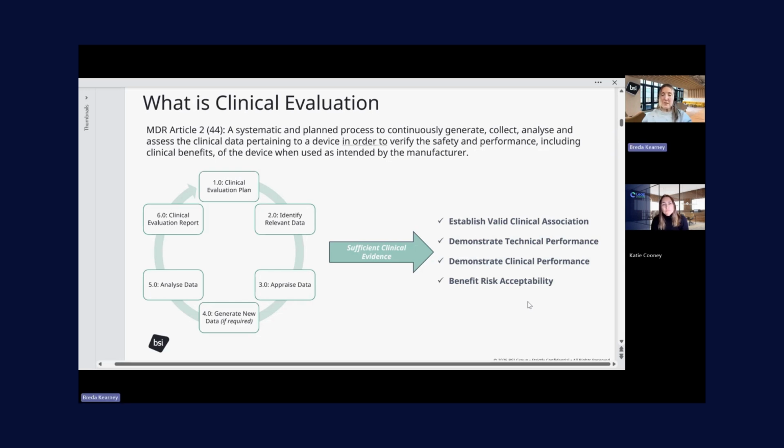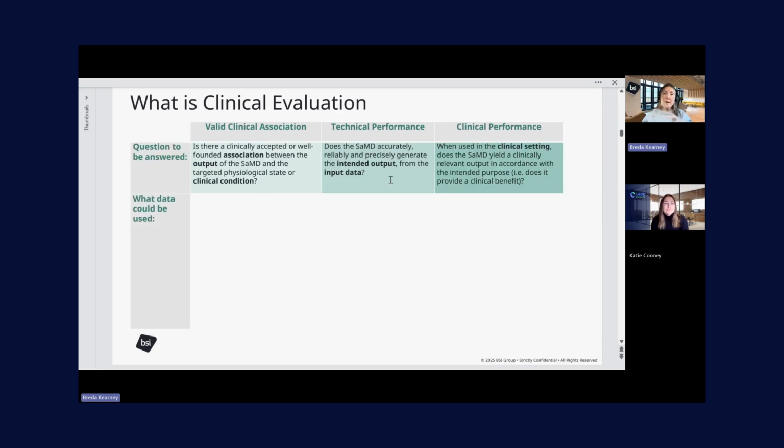So if we look at those terms in a little bit more detail, what exactly are we looking for? With a valid clinical association, the question that we're trying to answer is, is there a clinically accepted or well-founded association between the output of the software and the targeted physiological state or clinical condition?